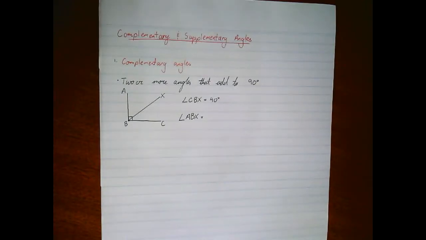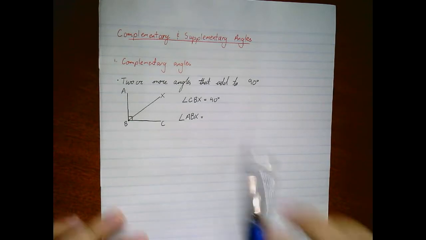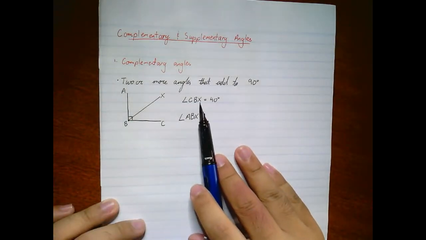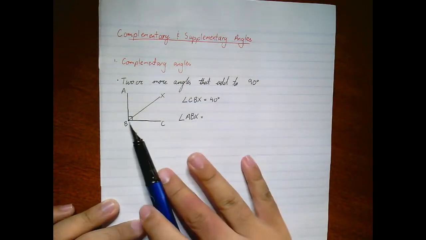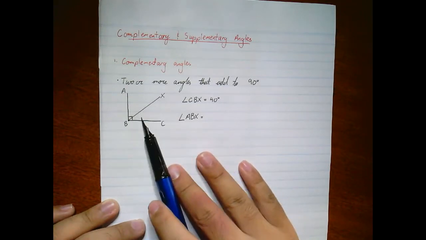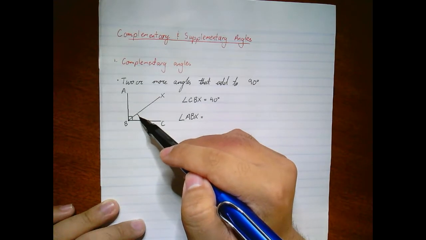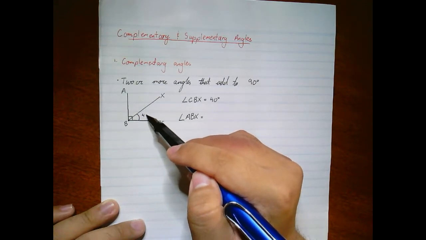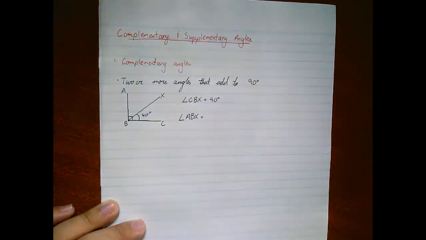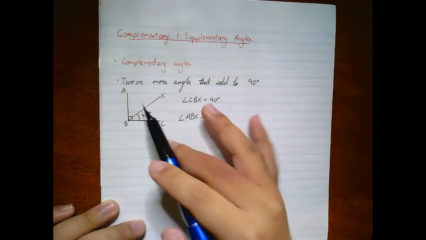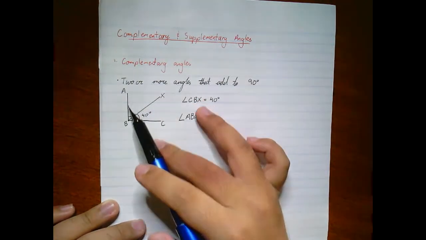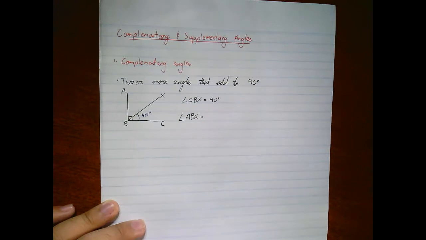So first let's label the angles that we are looking for. So angle CBX, it's this one here. So that is angle CBX, that's 40 degrees. Now what would angle ABX equal to?